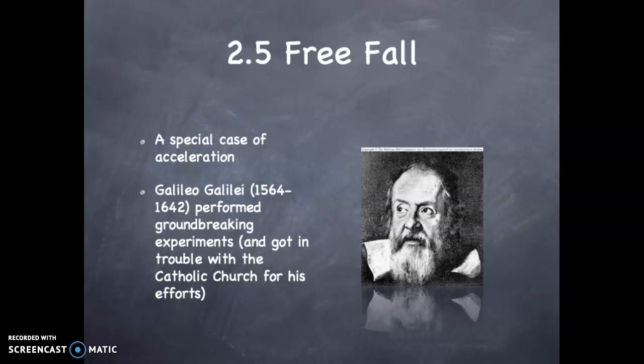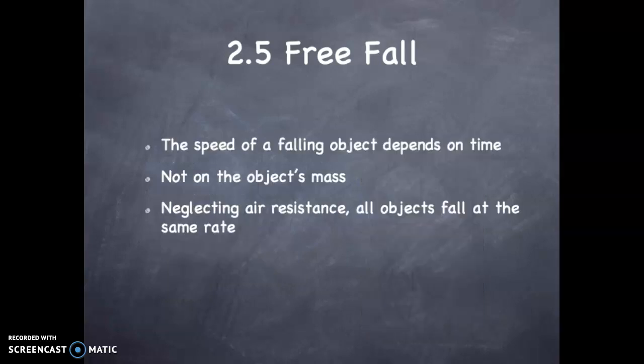When an object falls in air where the air resistance can be negligible, the acceleration due to gravity is a constant. And it was Galileo who first observed this, and he's credited with understanding this kind of motion. The speed of a falling object depends on the time, not on the object mass.